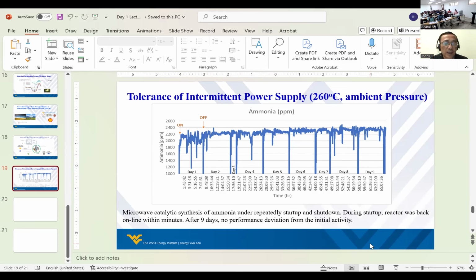If your catalyst deactivated because of constant startup and shutdown, you would not see this horizontal curve; you would see a downward slope. But because you have the horizontal curve, after 15 startup-shutdown cycles during the 9 days, it's still holding in there. That means the process is stable. It can tolerate the intermittent nature of power generation. Make sense?